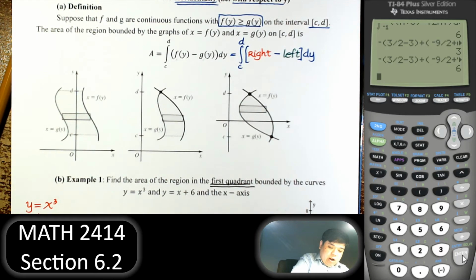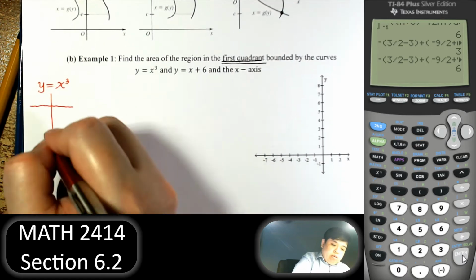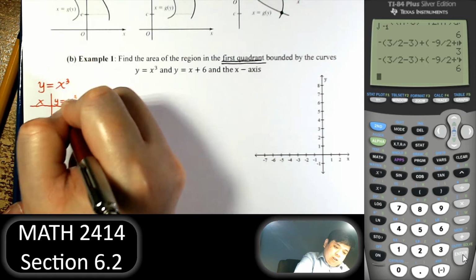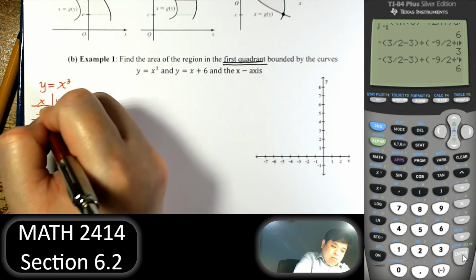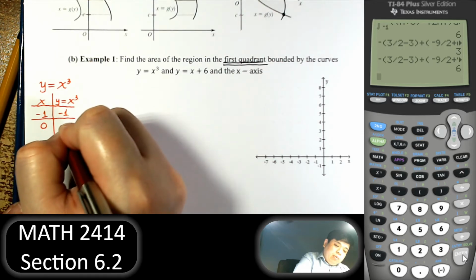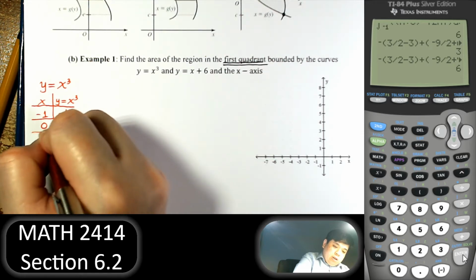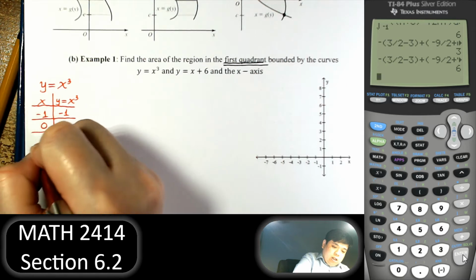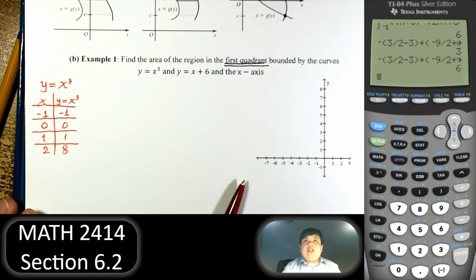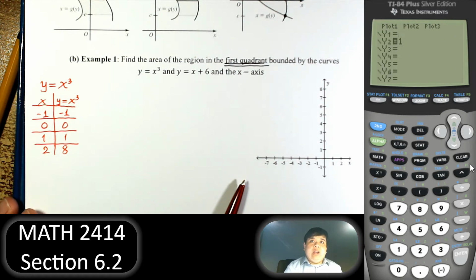Let's pick some values for x and then find the corresponding values for y. Negative 1 cubed is negative 1, 0 cubed is 0, 1 cubed is 1, 2 cubed is 8. We can also look at the table where we enter the function y equal to x cubed, and then the other function is x plus 6.